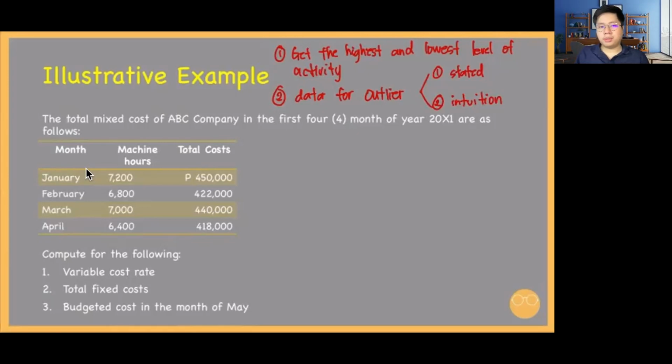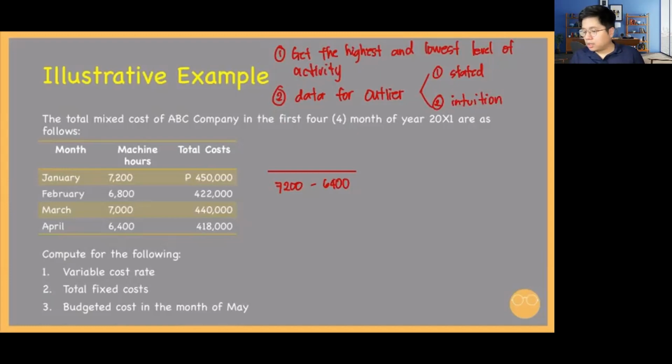Let's answer this one. The highest level of activity here is 7,200, less the lowest level of activity, which is 6,400. So this will be our denominator. Then we should establish our numerator. Once you get the highest and the lowest level of activity, we should get its total cost.